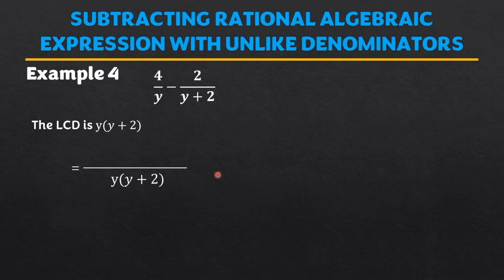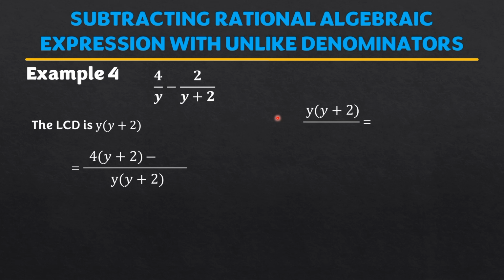By doing that, we have y times the quantity of y plus 2 divided by y is equal to y plus 2. And then multiply it by 4, we will have 4 times the quantity of y plus 2. Okay, next, same process again. So y times the quantity of y plus 2 divided by y plus 2 is equal to y.